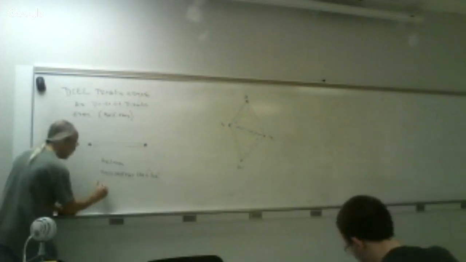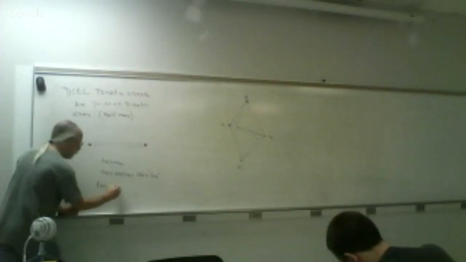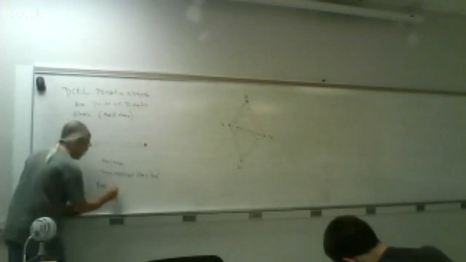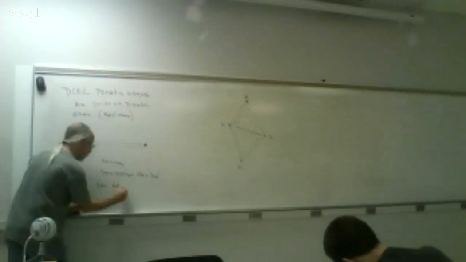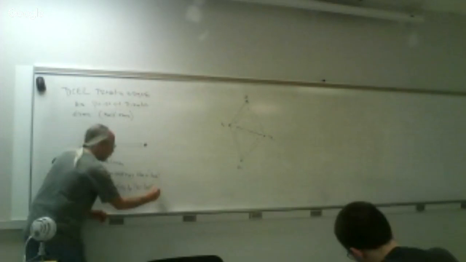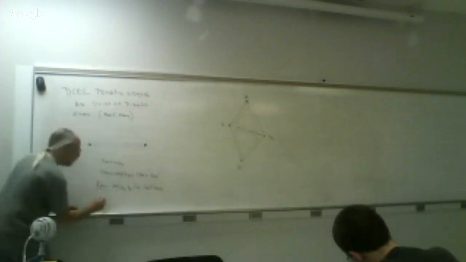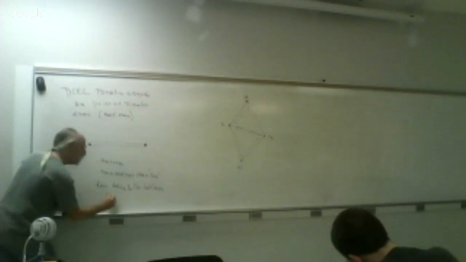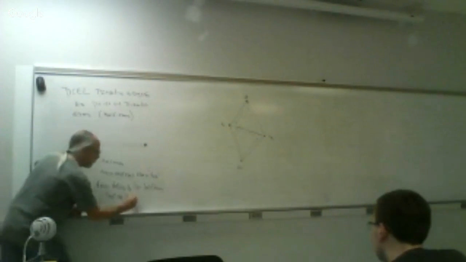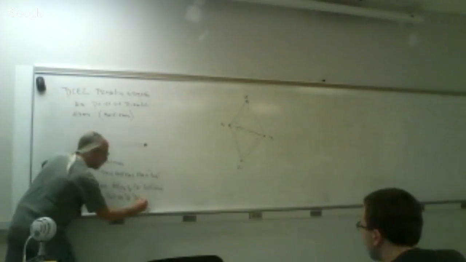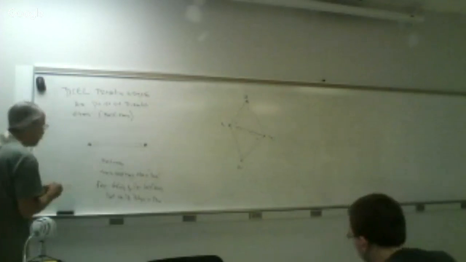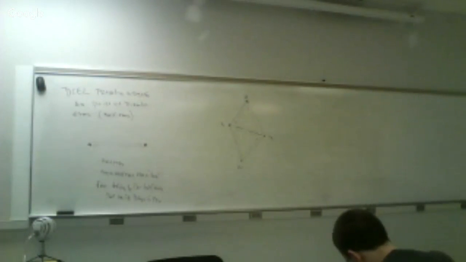A face is defined by the half edges that go around it, that are its boundaries, in counterclockwise order as you go around it.